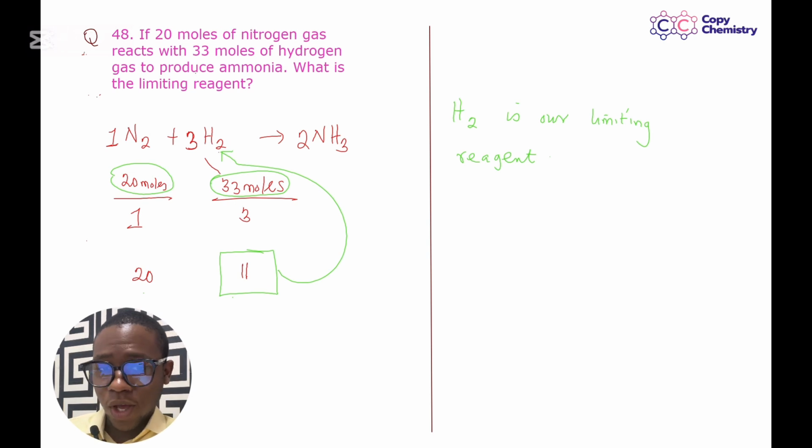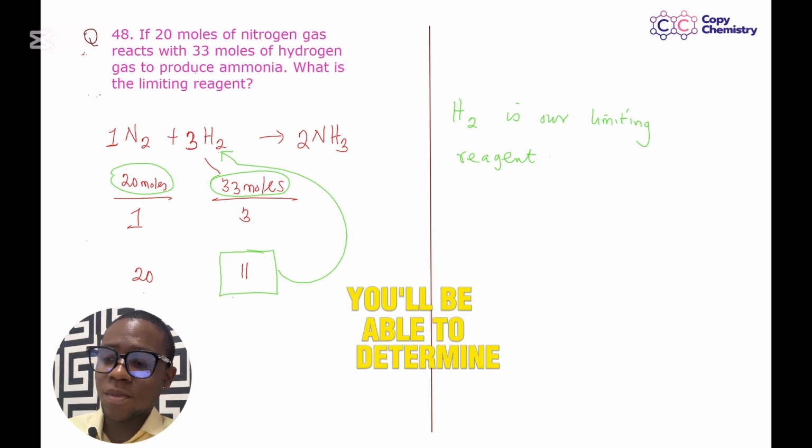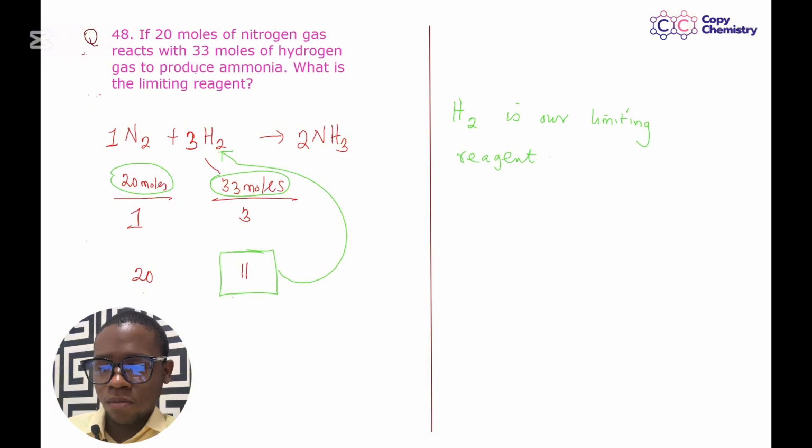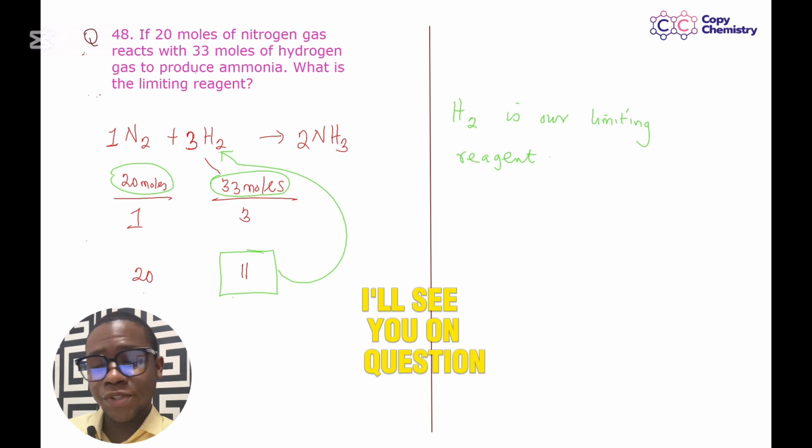And then with your calculations, you'll be able to determine if nitrogen is the limiting reagent or hydrogen. Okay, so that's like a longer process, but this is faster. Okay, and this works every time. So that's it. Hydrogen. Right, I'll see you on question 49.